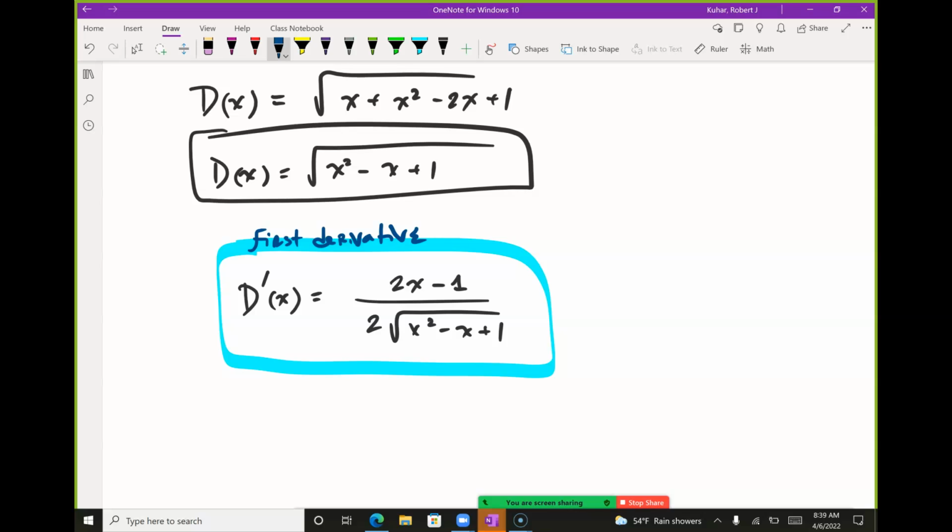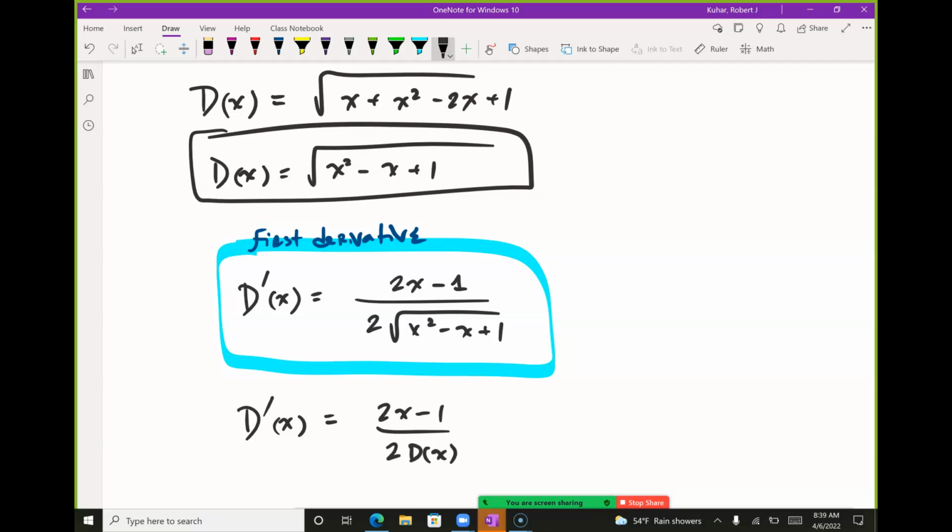So I actually like to write my first derivative, since I can see the original function in it, as 2x minus 1 all over 2d, right? So I can see my distance function there in that denominator. Why? It's just cleaner looking.